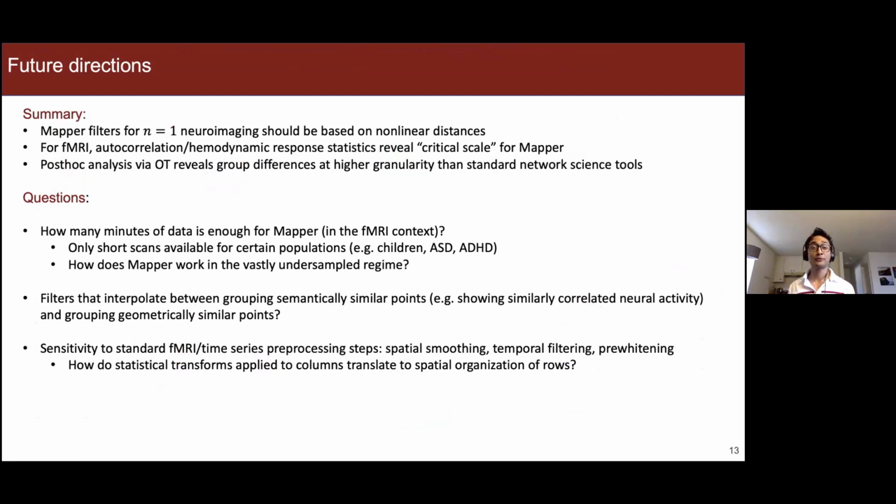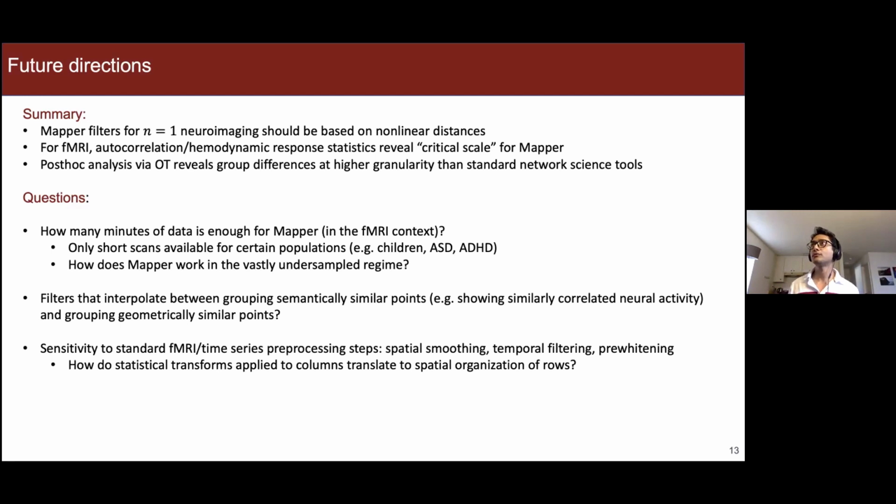For fMRI data at least, the autocorrelation structure coming from the hemodynamic response function reveals a critical scale for choosing Mapper parameters. And these are critical for coming up with a good Mapper graph in the first place. And then for post-hoc analysis, we see that using optimal transport reveals these group differences with higher granularity than was known with the standard community detection tools.